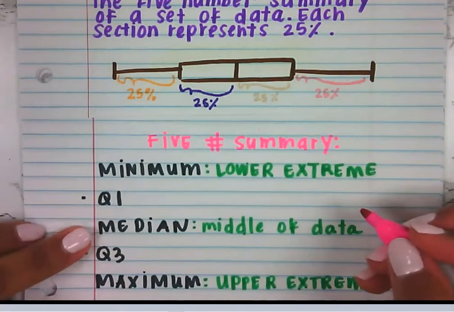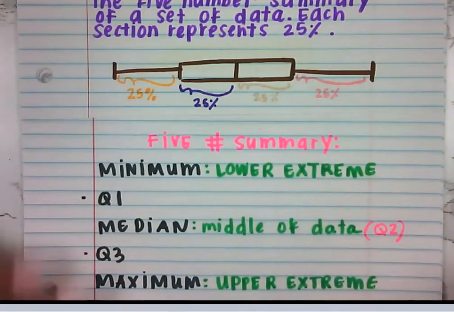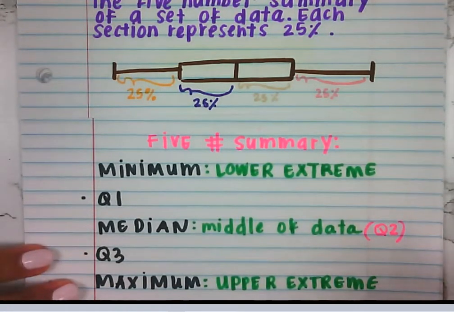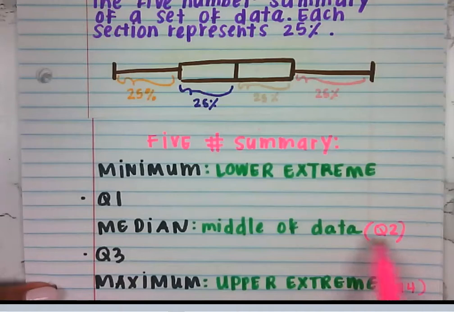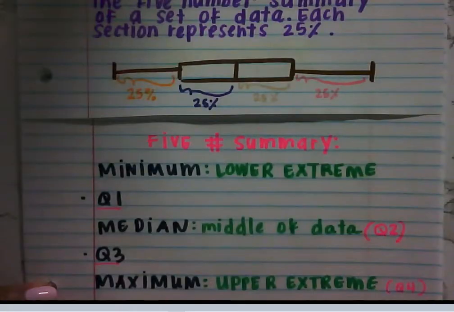Well, your median is referred to as your quartile 2. We don't really mention quartile 2 because we just say median. And then for our maximum, this would be our quartile 4. But like I said already, they don't really say quartile 2 and quartile 4. They usually just refer to quartile 1 and quartile 3.